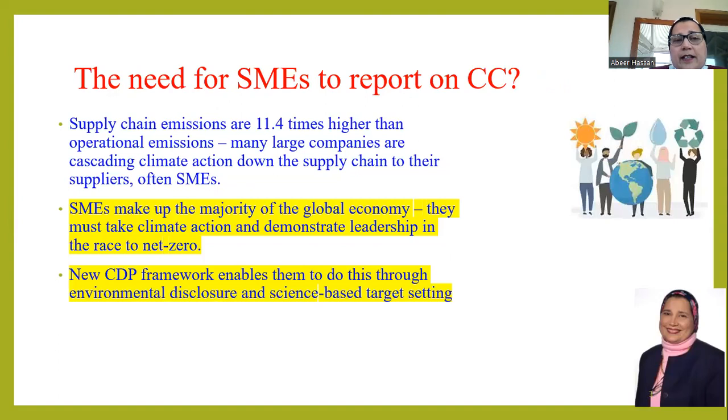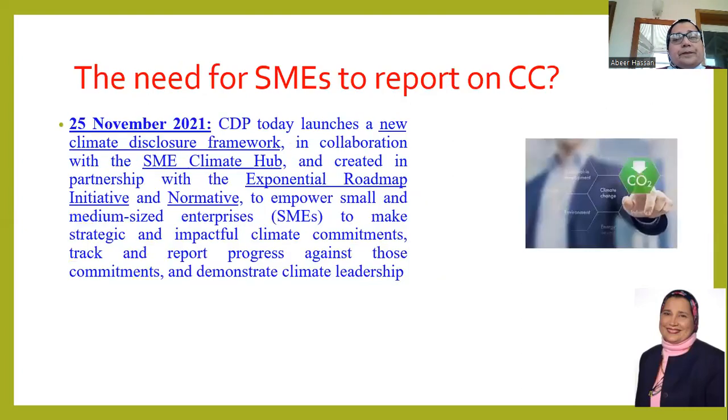So here is the need for SMEs to report on climate change, because again they make up the majority of the global economy. This framework, or these standards, criteria or guidelines, you can call it whatever you want, because they are not standards yet since it's not mandatory, but they are guidelines, instructions, a framework showing you how to provide environmental disclosure and science-based target setting.